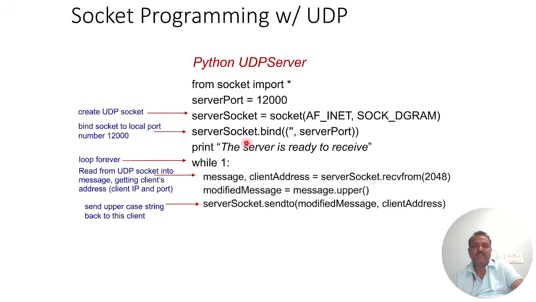And now we have an infinite loop where we receive the data from the server socket, and then we send the data onto the client. It means that these instructions are going to communicate between your client and the server, right?